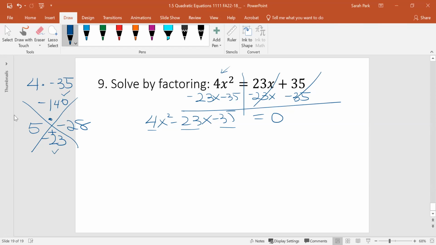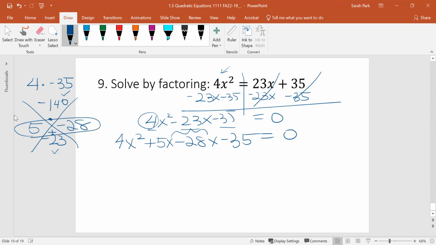Now with this type of quadratic equation, where your leading coefficient is not a 1, we want to rewrite this into 4 terms. So 4x squared, and the negative 23x we're going to split up into positive 5x and minus 28x, minus 35. This 5x and minus 28x came from these two numbers.